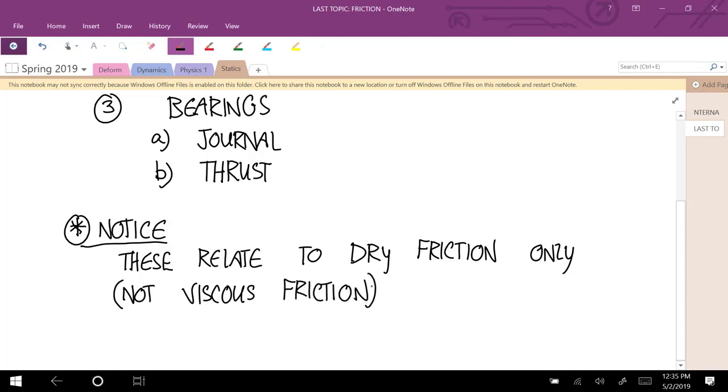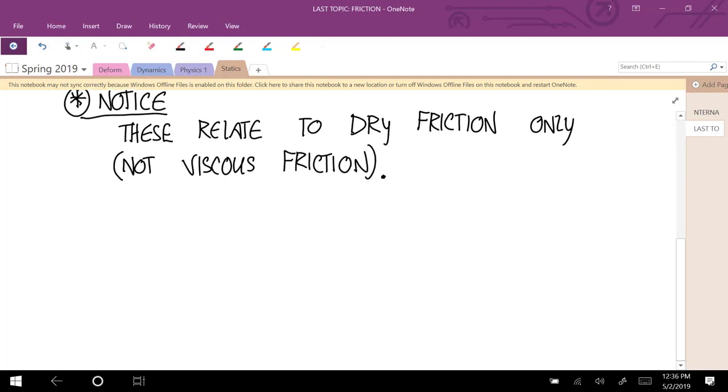So you have to be careful of using these calculation approaches for joints that are surrounded by oil or something. It works perfectly for dry lubrication, like waxes and small amounts of liquid and graphite, graphite powder, that kind of stuff. Okay, so the first one is square threaded screws.